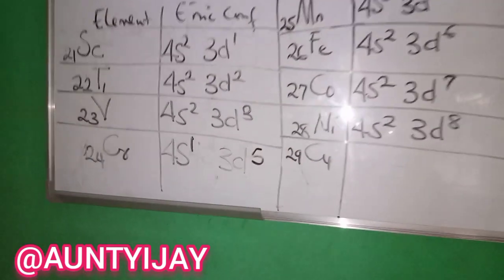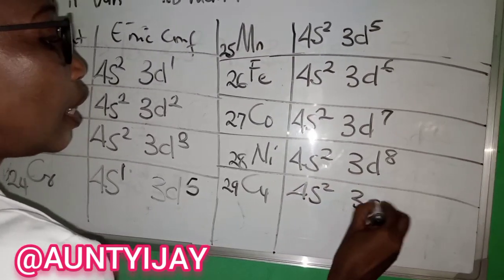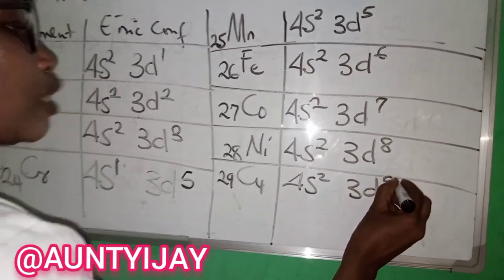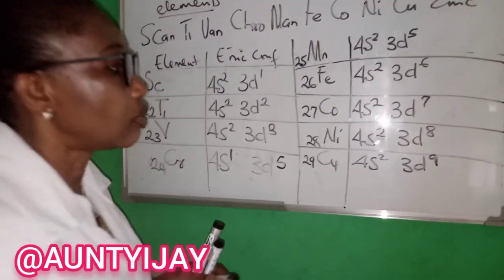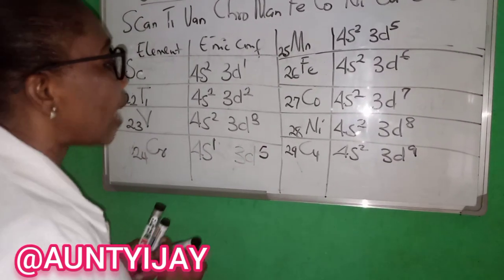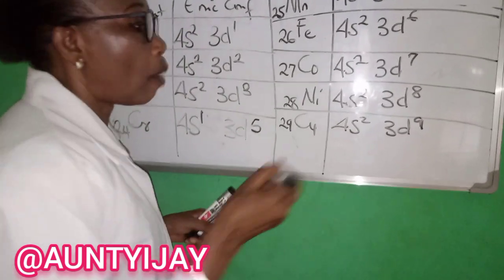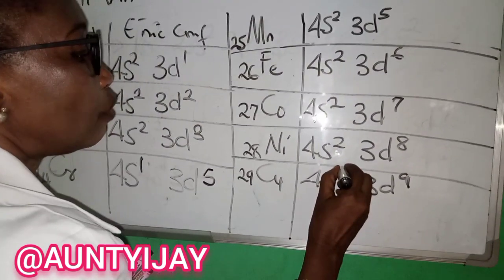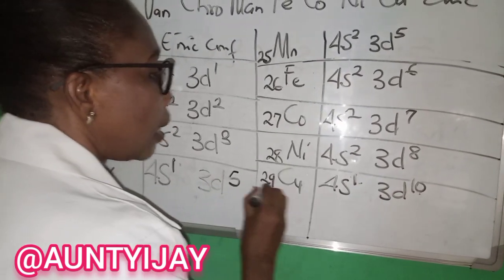In copper, we are supposed to write 4s2 3d9, but it will not balance. It means that one of the d orbitals will have only 1 electron. As a result, we promote a 4s electron to the 3d orbital. So we now have 4s1 3d10. That's why it's written that way.